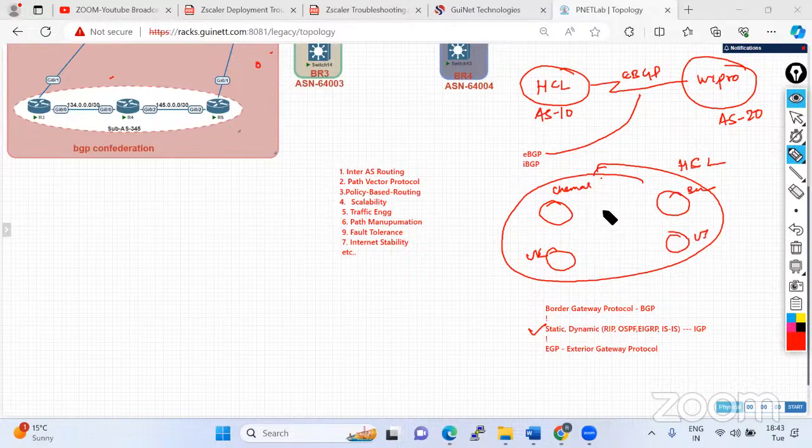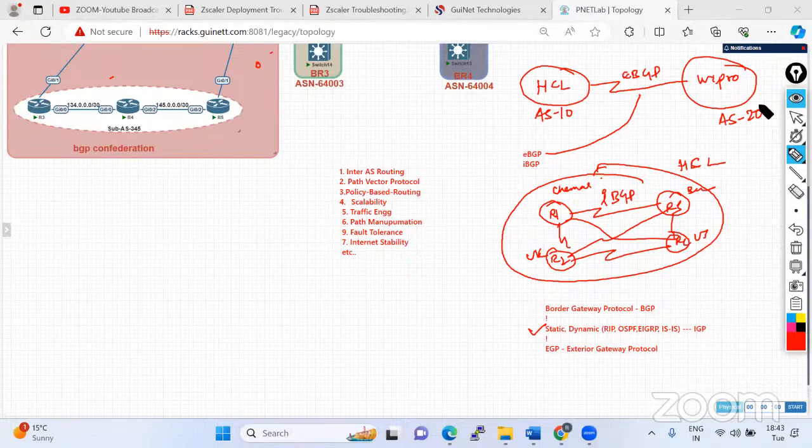They can connect with multiple ISPs, but this is R1, this is R2, this is R3, and this is R4. And if they want to make a BGP connection between each other, all of that is known as iBGP, which is internal BGP, right?